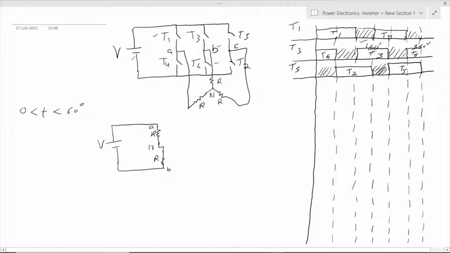So if you see here, VAN is equal to V by 2, let me say VNB is equal to V by 2. VAN is equal to VNB. Now both are equal.